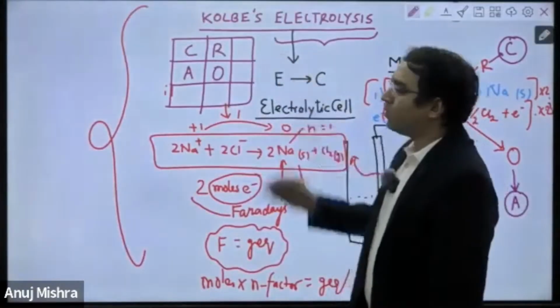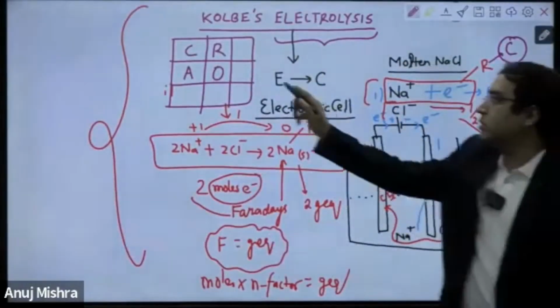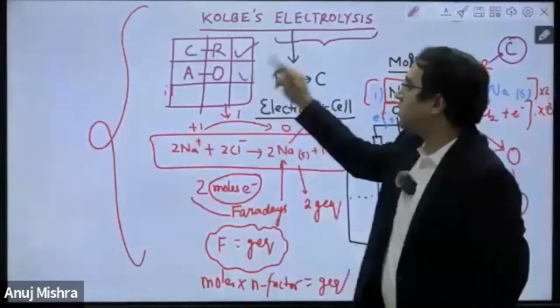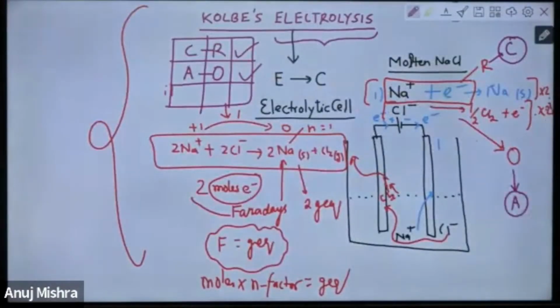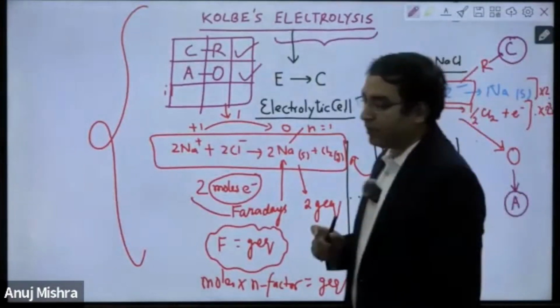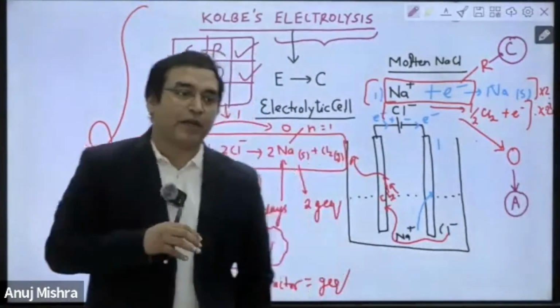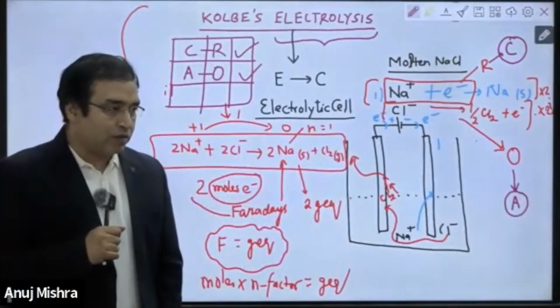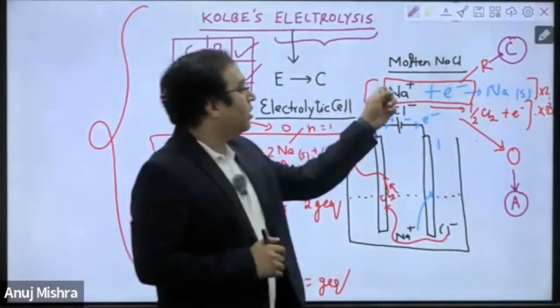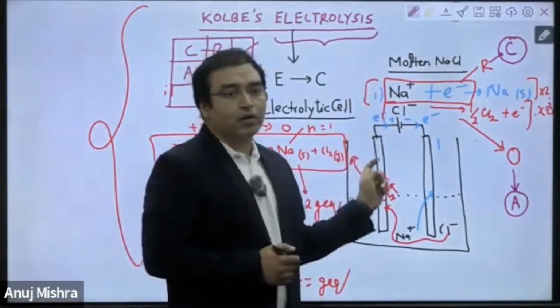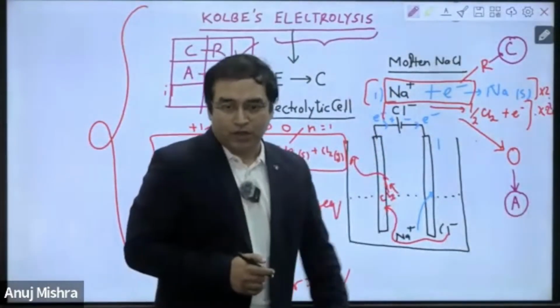Polarities can be plus minus or minus plus, but this is fixed. This is always fixed. Okay? This also you should know. Now, at least you have some sound background to understand electrolysis. Otherwise it would go over your head, I would tell it as just a reaction and there would be no benefit. Now you know something. So reduction is happening on cathode, oxidation is happening on anode, and this is how reaction takes place.